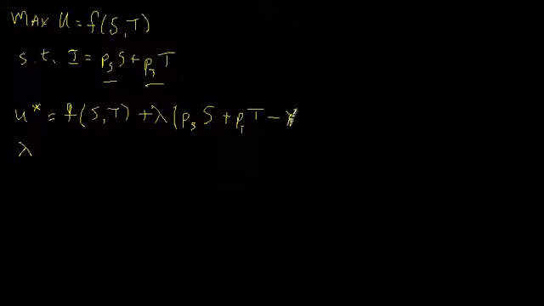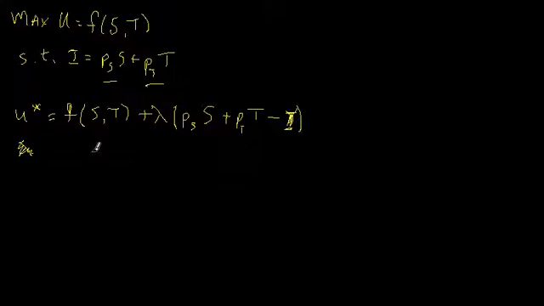We want to call that I here. So this function U star is called the Lagrangian function, and the Lagrangian theorem says that if you find the optimum values of the variables in the Lagrangian function using the unconstrained rules for optimization, you'll end up finding the rules for maximizing utility subject to whatever the constraint is.